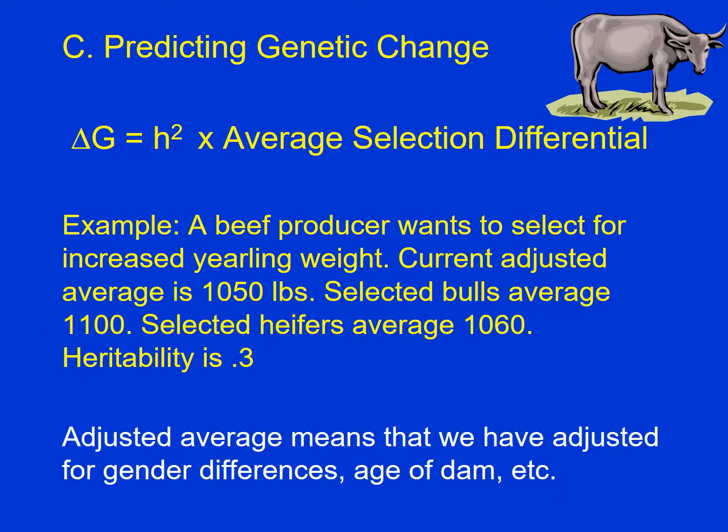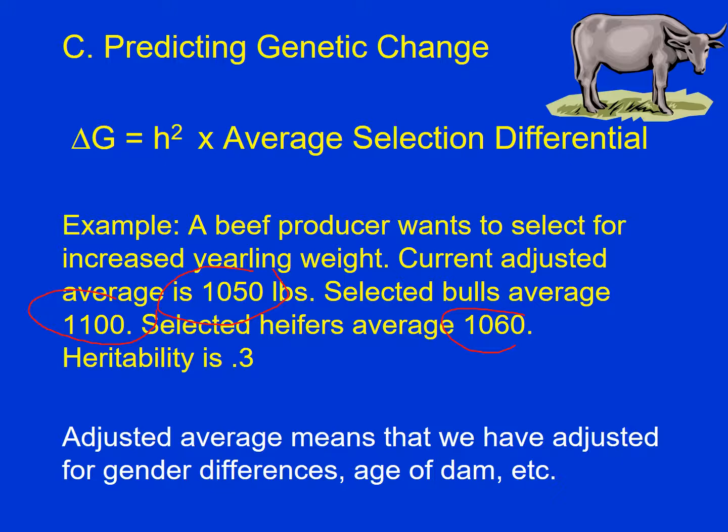Now, when we're talking about an adjusted average here of 1,050 pounds, we've got an adjusted average for the bulls and the heifers. Adjusted means that we have adjusted for gender differences.